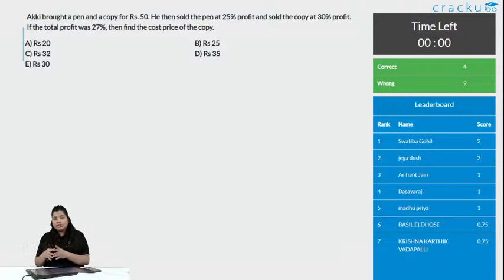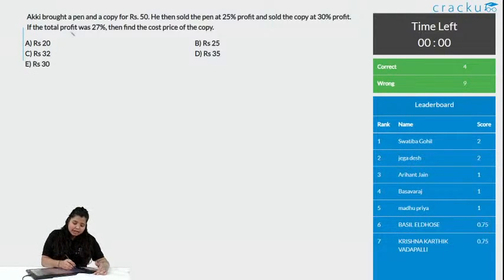Remember, there is a conventional way, but the easier way is you can put allegation on this question. What is it saying? Aki bought a pen and a copy for ₹50. He then sold the pen at 25% profit and sold the copy at 30% profit. So he bought a pen and then a copy.